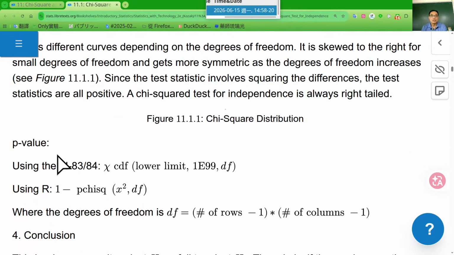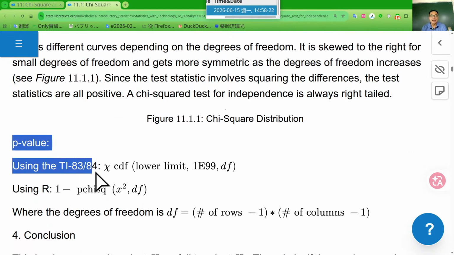And the p-value. The p-value is very complicated to calculate, so I will not ask you to calculate this part step by step. We can run it in free online applications, and you can get a p-value in a few minutes.